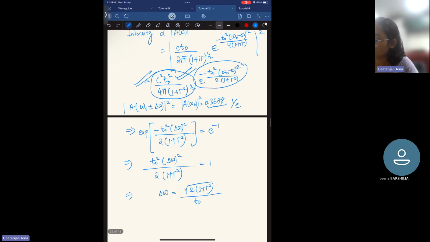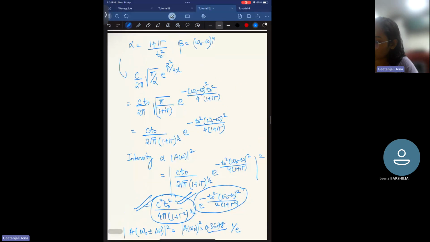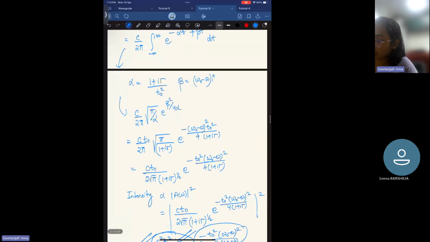Up to this, is it clear? Let me know up to which step it is not clear.